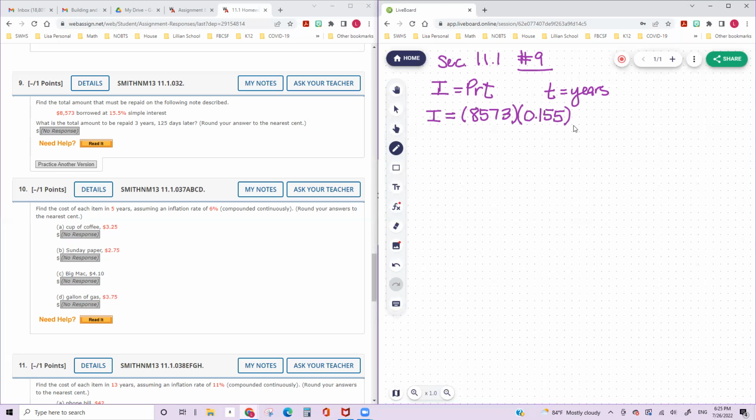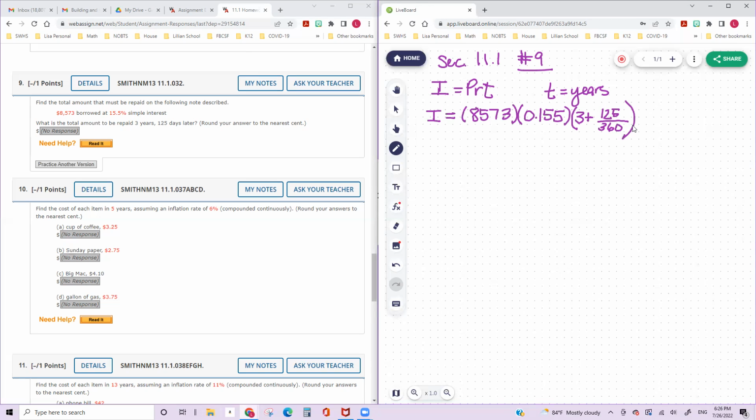Now, here's the thing with the time. The time is in years, and it says 3 years, 125 days. So this is going to be 3 years plus 125 days out of 360.